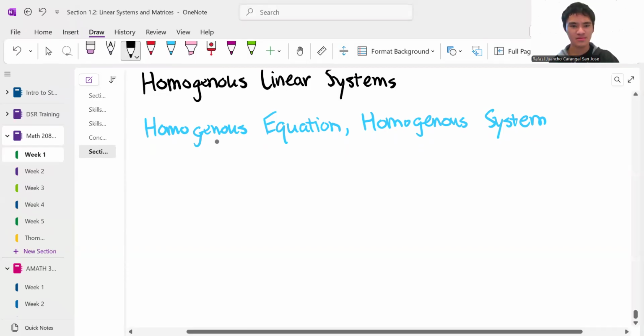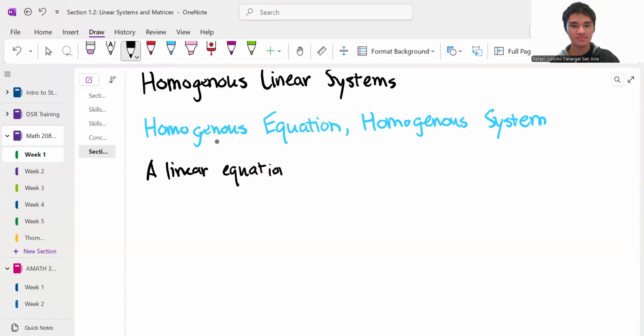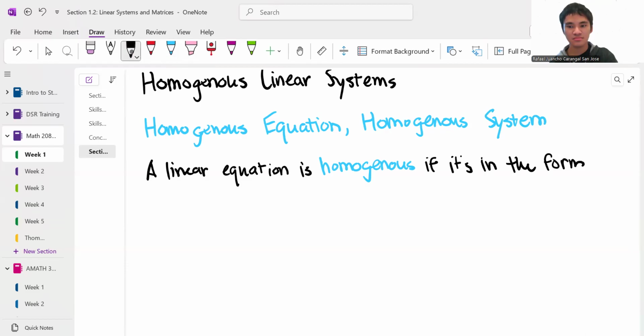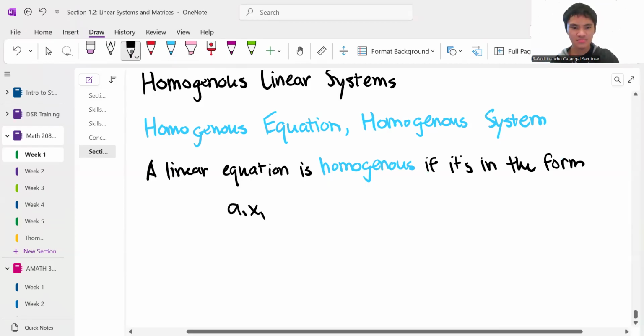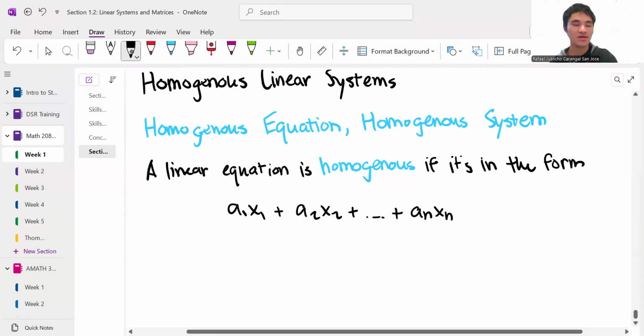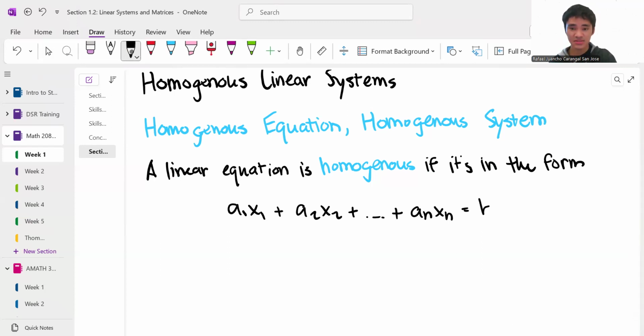We say the linear equation is homogeneous if it's in the form a sub 1 x sub 1, a sub 2 x sub 2, and so on up to a sub n x sub n, equal to b.